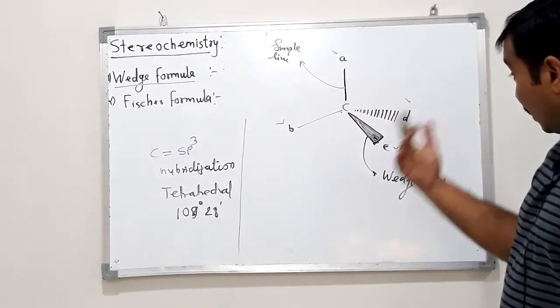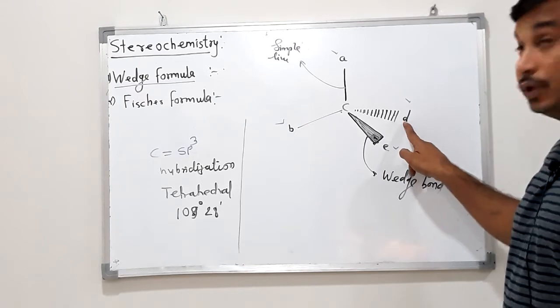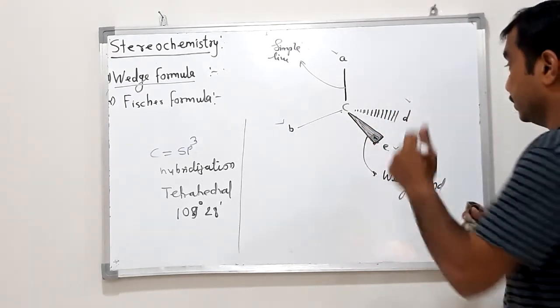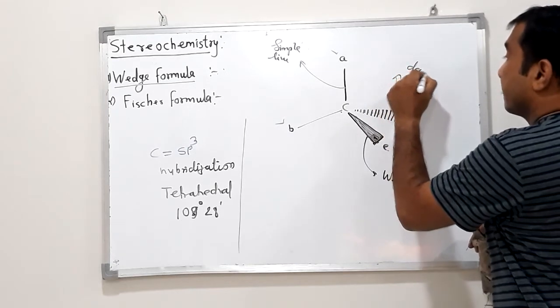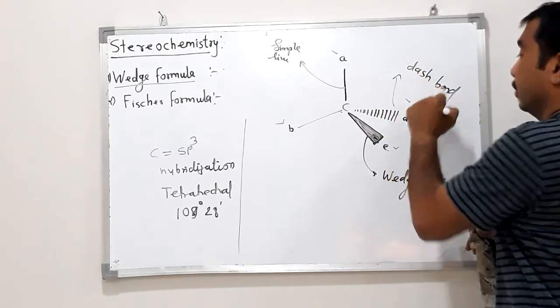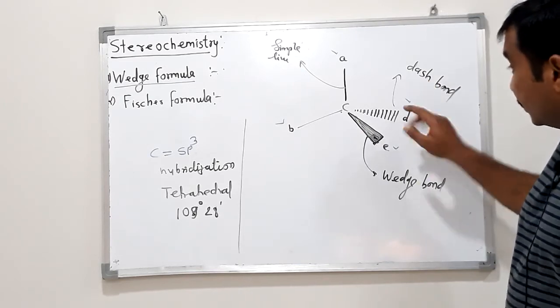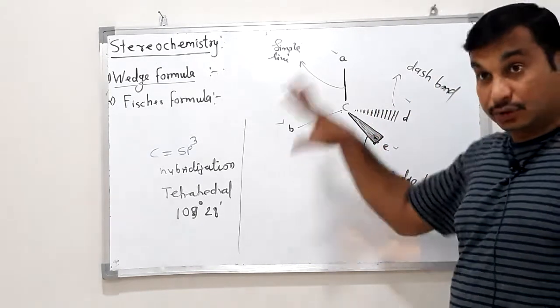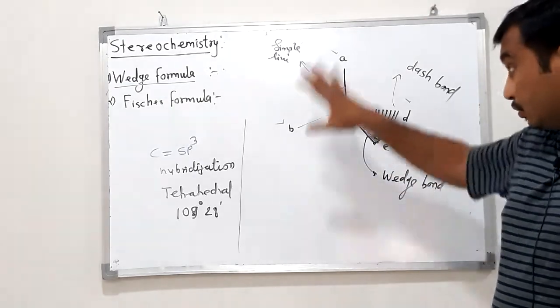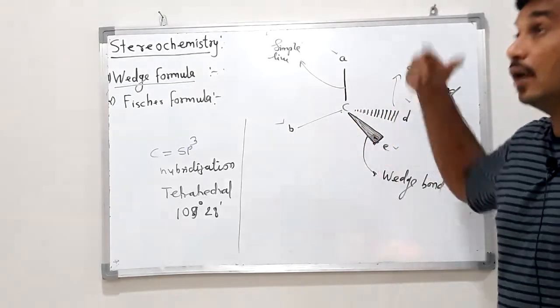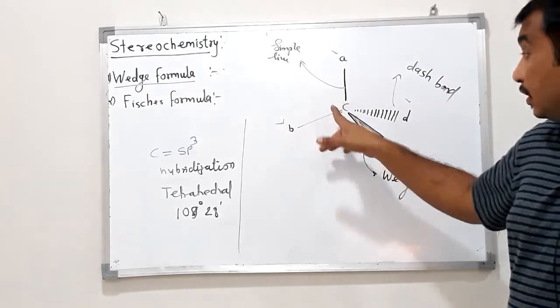Again, the substituent D is attached to C by a dash bond. This is a dash bond. Then it means this D is again out of plane. It is not in this plane. It is out of plane, moving away from the observer, on the back side.